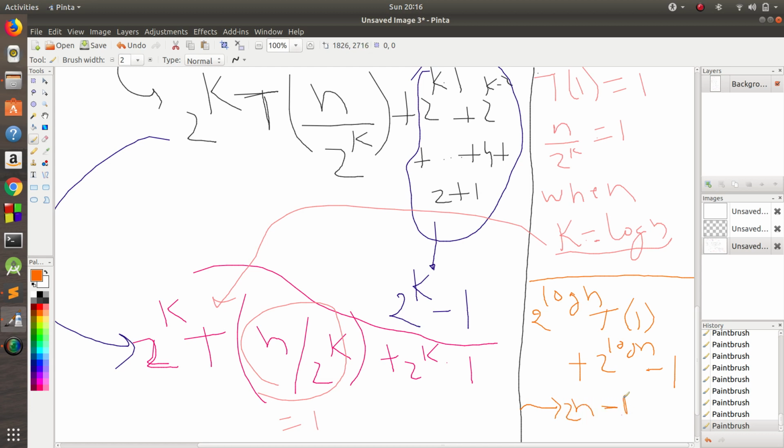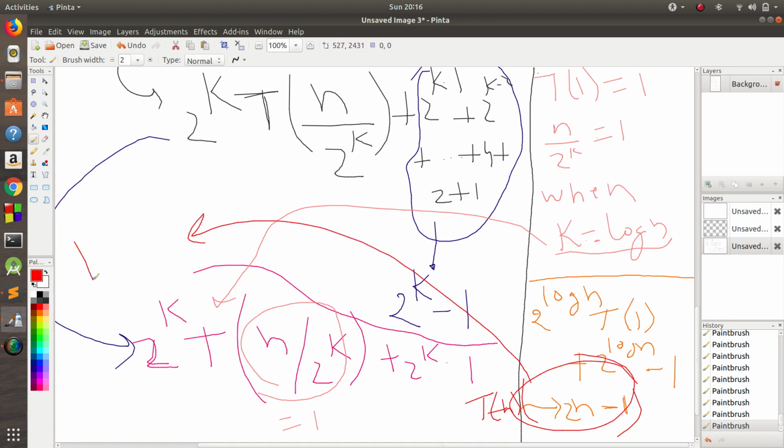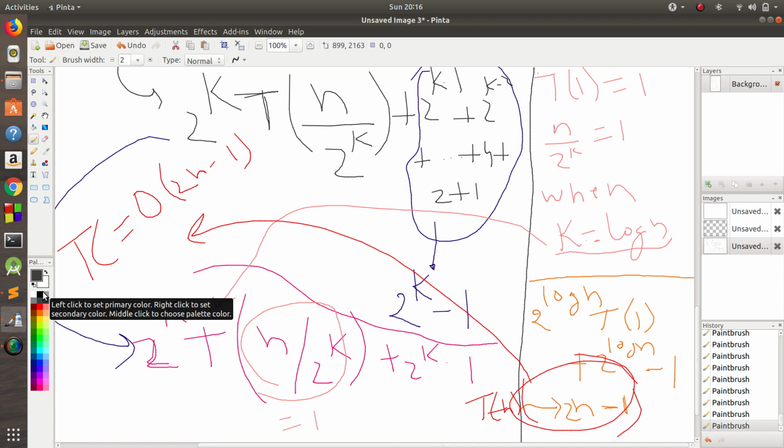So I know the time required for T(n), and so I know the time complexity. The time complexity over here is O(2n - 1), and we know that we can ignore the constants used over here, so this can be written as O(n).